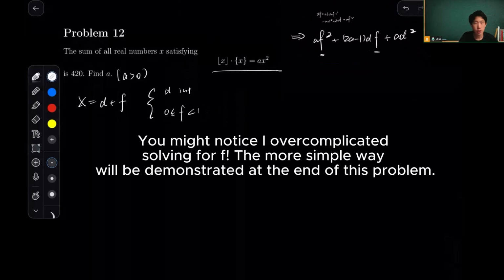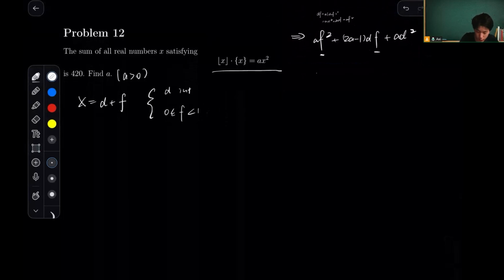Okay, now let's just solve for x using the quadratic formula. First, the discriminant here is (2a minus 1) squared d squared minus 4a squared d squared, which is 4a squared d squared minus 4a d squared plus d squared minus 4a squared d squared. These two terms cancel off, so we can conclude it is d squared times (1 minus 4a).